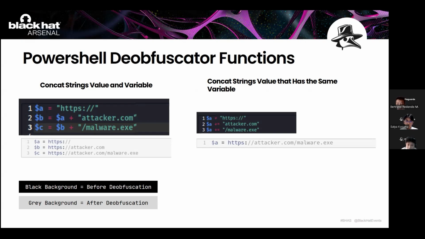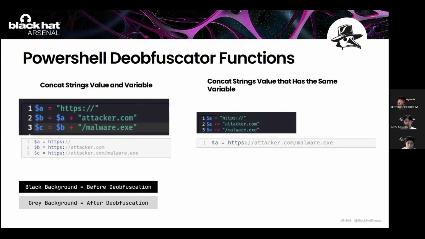The second one is to concatenate string values that have the same variable. In this case, we have the A variable with a plus equal sign, which means that the initial A variable value is concatenated or added with the new value in the line below. So the second and third lines, attacker.com and /malware.exe, are added to the A variable value.